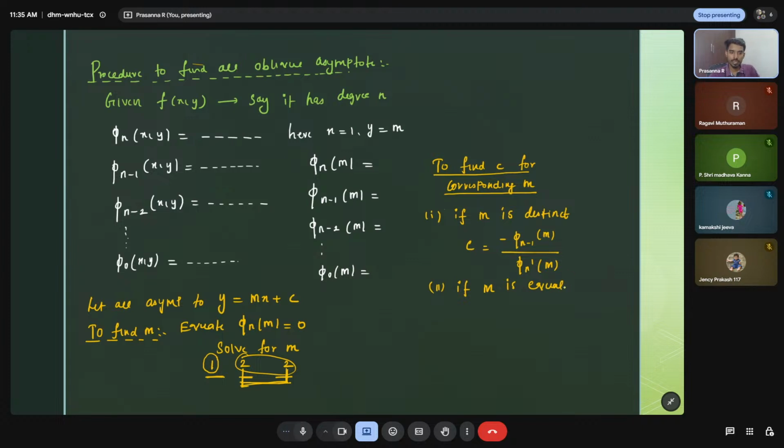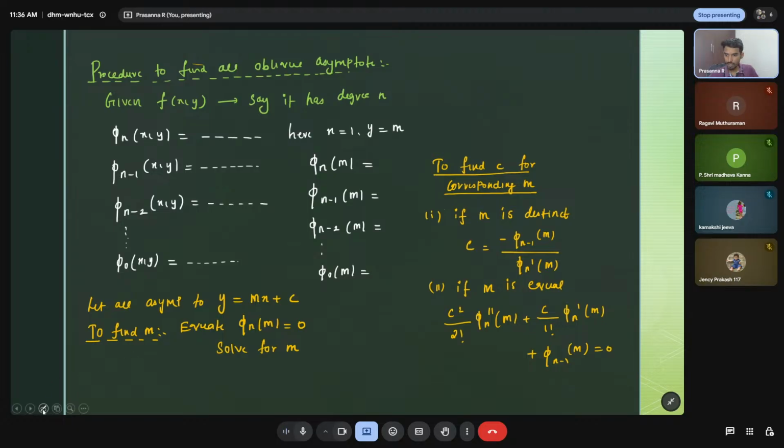If m is equal, then you have to find c using c square by 2 factorial Pn double dash of m plus c by 1 factorial Pn dash of m plus Pn minus 1 of m is equal to 0.